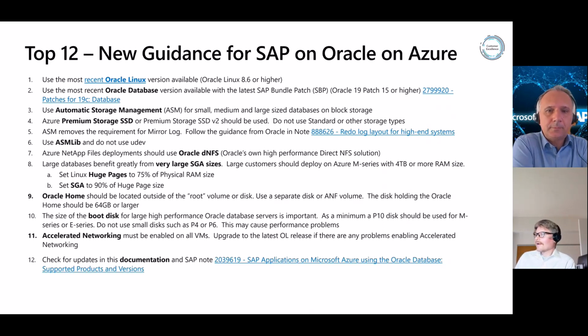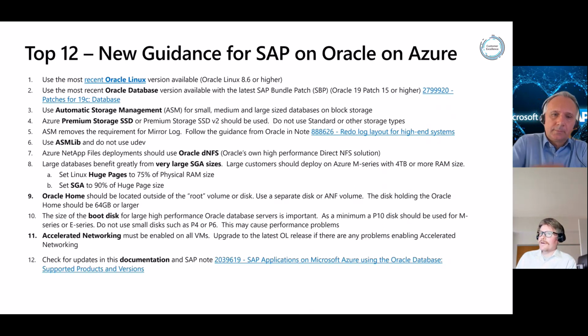So, I mean, this isn't an Azure lesson, but Azure Storage doesn't have RAID. We just keep 3 independent copies of it. So in ASM, you can select external redundancy and have no mirror log. We'll come back to this topic.